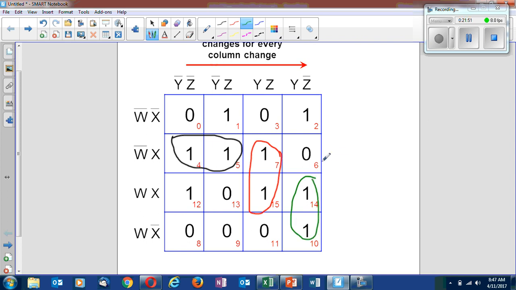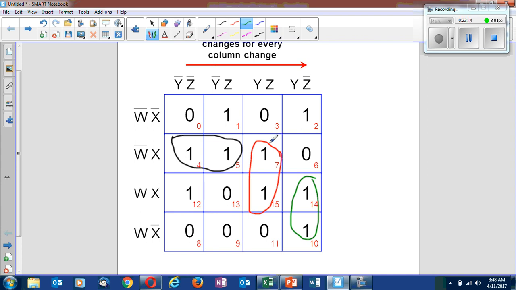Now the question I have now is what to do with these. Are they groups of 1s? No, they are not. If you can get a group of 2 with an overlap, it's always better than a group of 1. Just like a group of 4 is always better than a group of 2, and a group of 8 is always better than a group of 4. It doesn't matter if you're going to have an overlap.